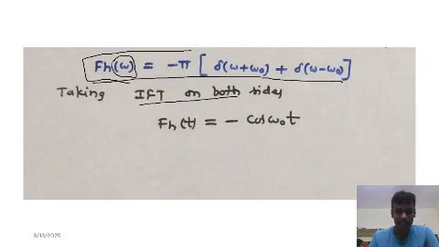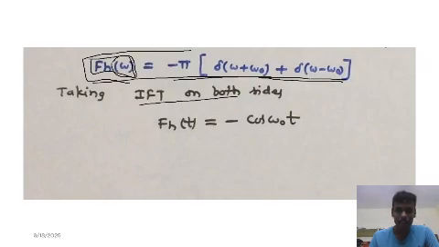So as we can see, after applying the inverse Fourier transform, this F_h of omega becomes f_h of t, and this pi of delta of omega plus omega naught plus delta of omega minus omega naught is the Fourier transform of cos omega naught t.